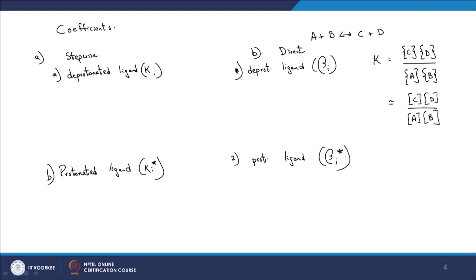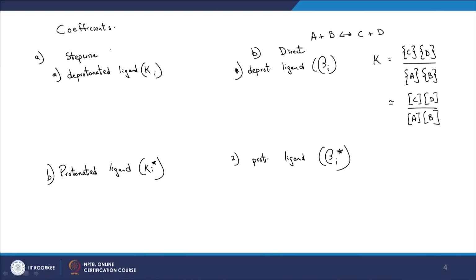Different coefficients would be available in different books, so you just need to be aware of what it is. If a book says beta star, what is it that you are referring to, which reaction or which complex? You can glean that from the relevant coefficients. So let us look at the example.